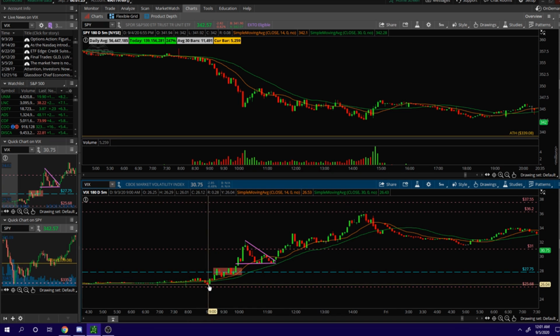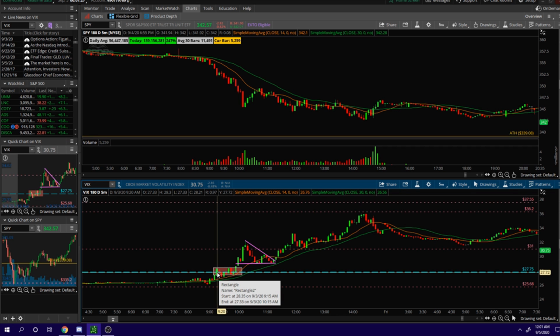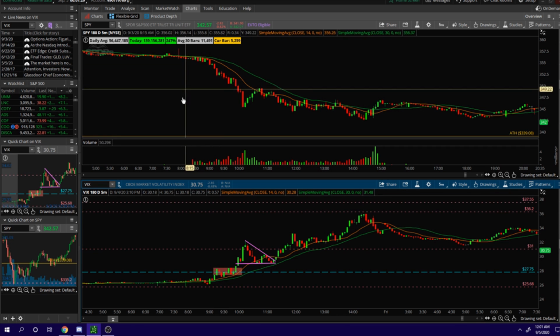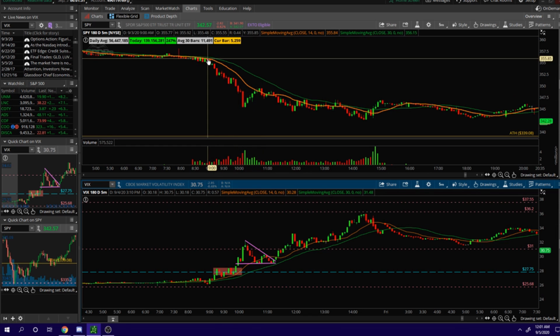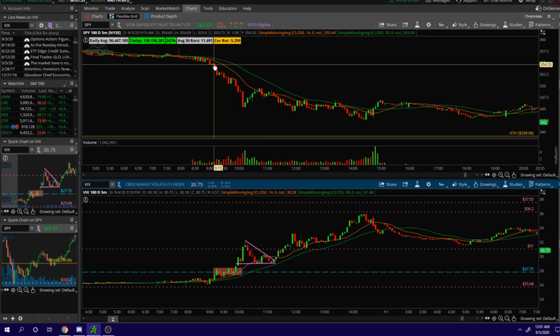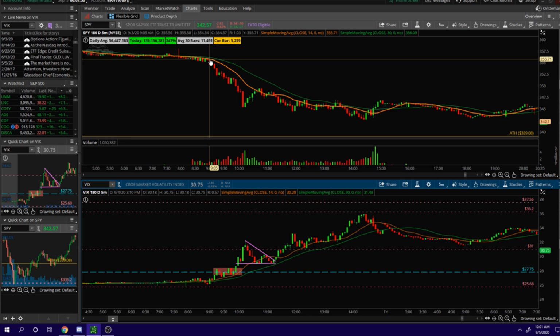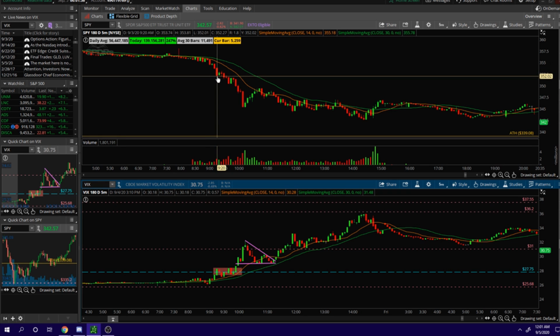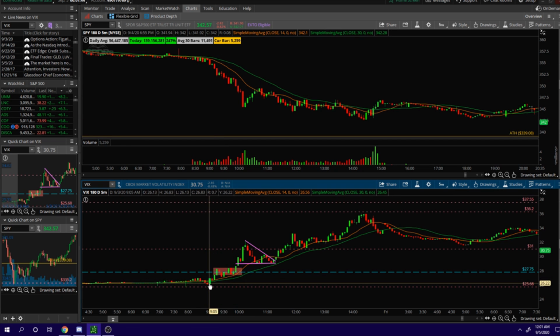You've got your bottom, and then this push up into this 27.75 level. And as soon as that happens, you get this breakdown on SPY, 355.78 down to, it's a 3.75 move off this little breakout on VIX.